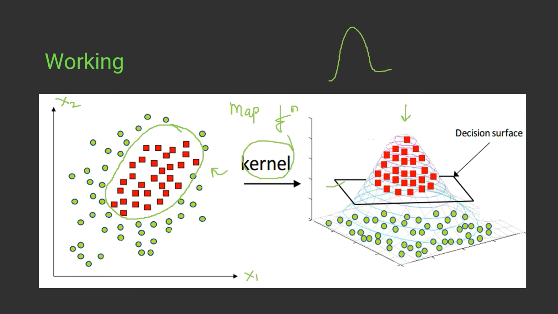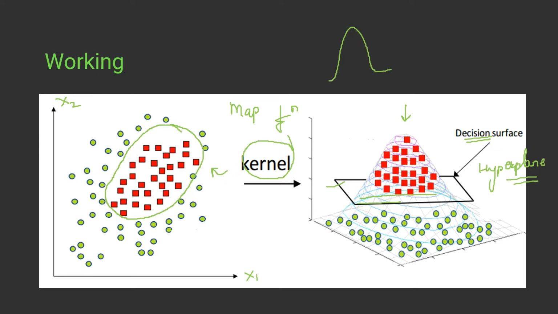And when you're using a Gaussian surface, these points are coming down and these points are just rising up. Now what we are doing is we are using a decision hyperplane. This decision surface is known as a hyperplane. So you can see that this hyperplane is linearly separating our data, right? So this plane is a linear plane, right?